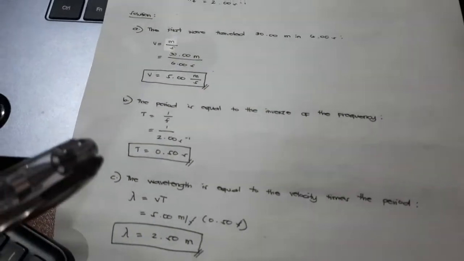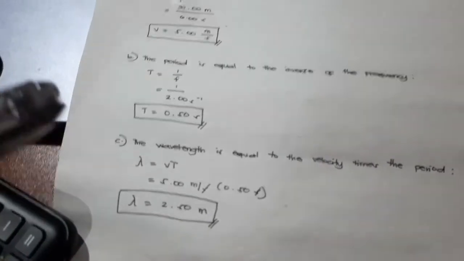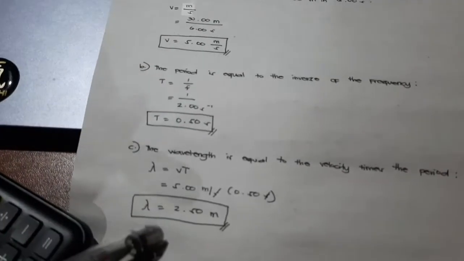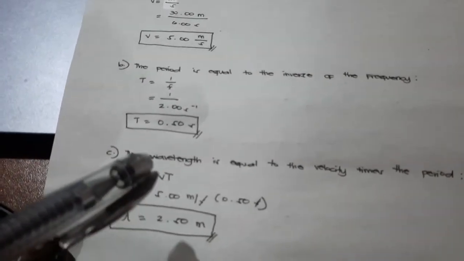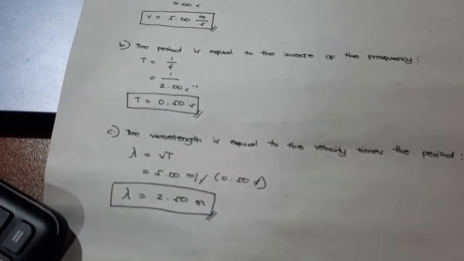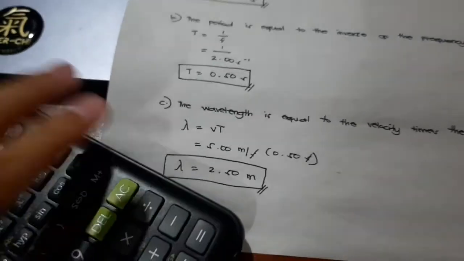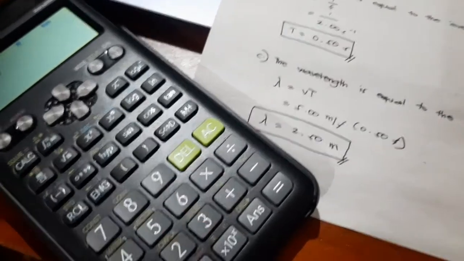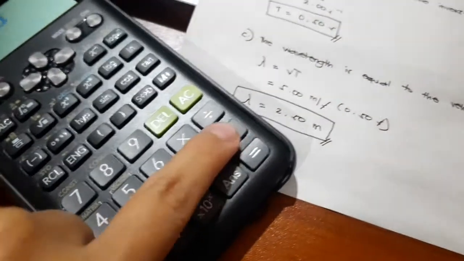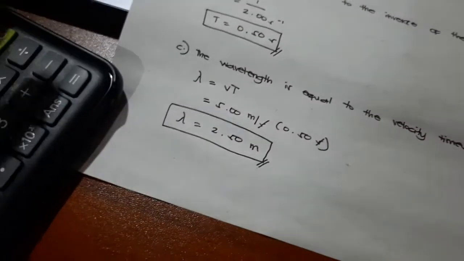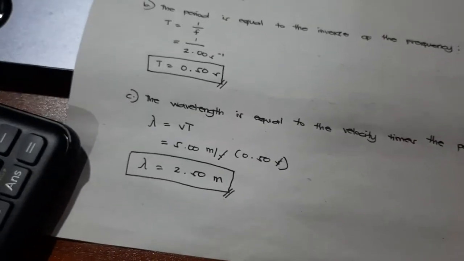Since we already found the speed of the wave, which is 5 meters per second, we just substitute it, and the period of the wave is 0.50 seconds. So 5 times 0.50 equals 2.50. So the wavelength is equal to 2.50 meters.